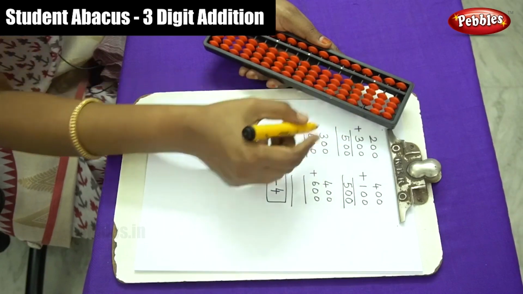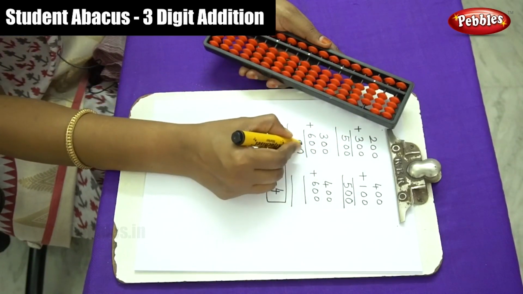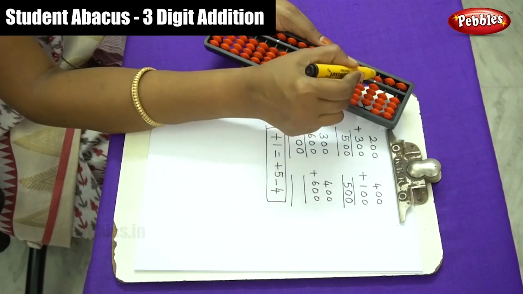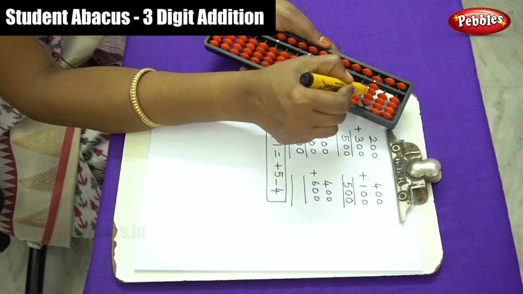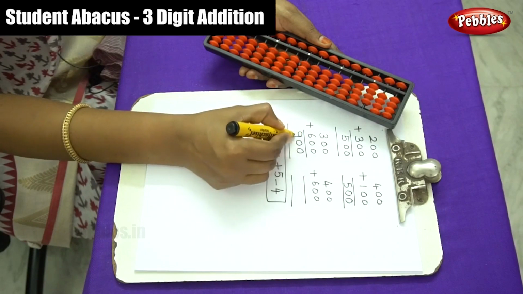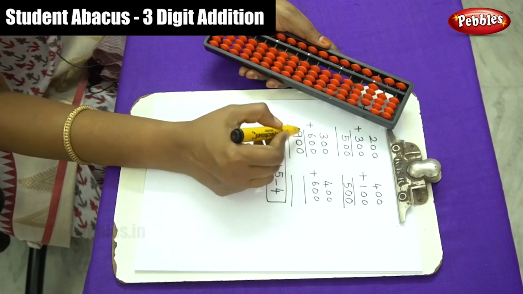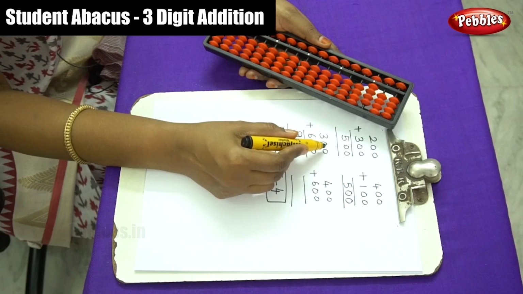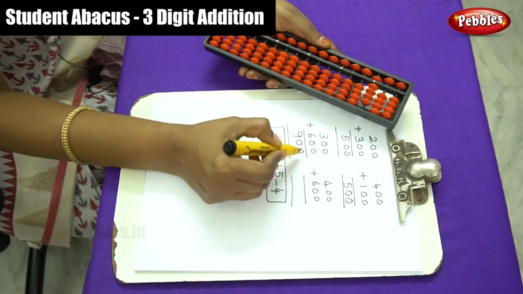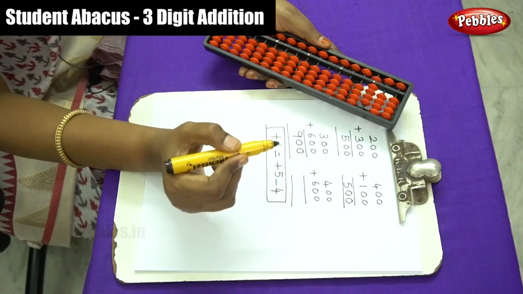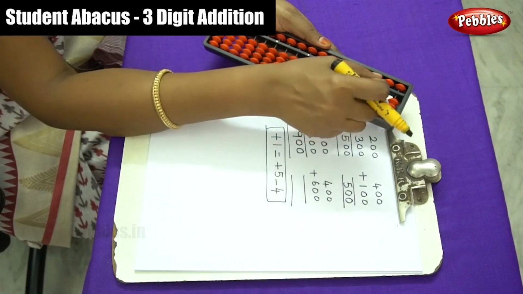Now write down the answer, that is 0, 0 and 5, 6, 7, 8, 9. The answer is 9. So the final answer is 300 plus 600, the answer is 900. Make sure it is at 0 level.